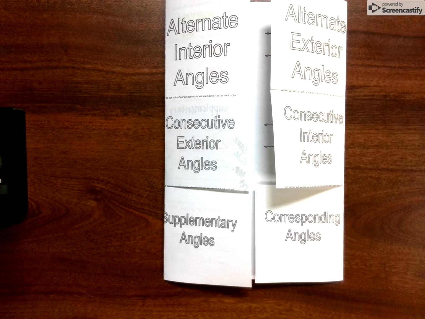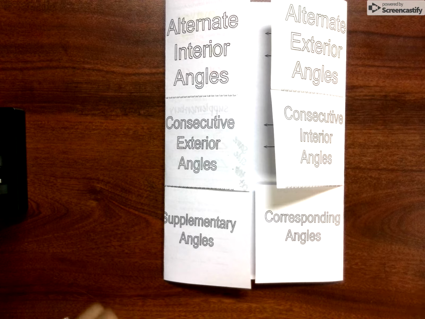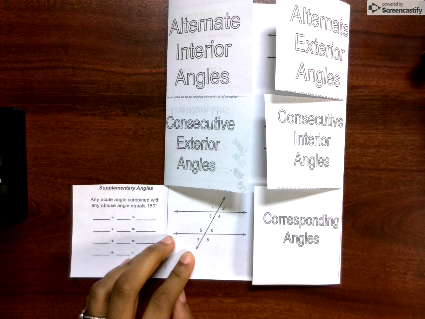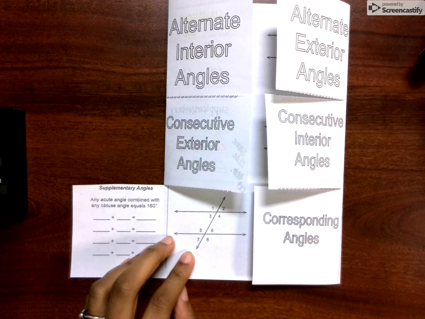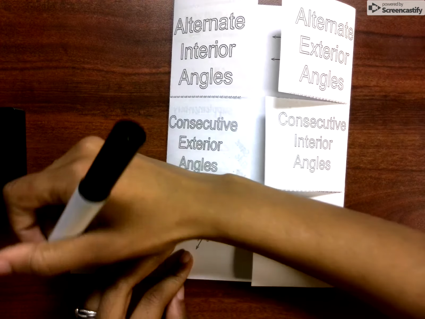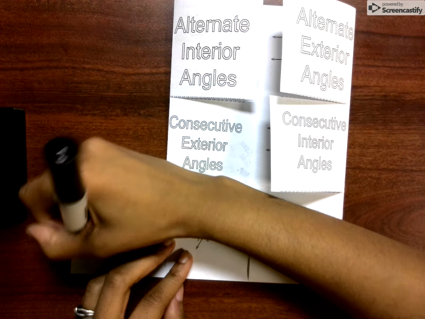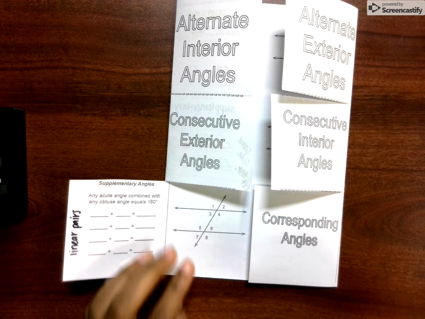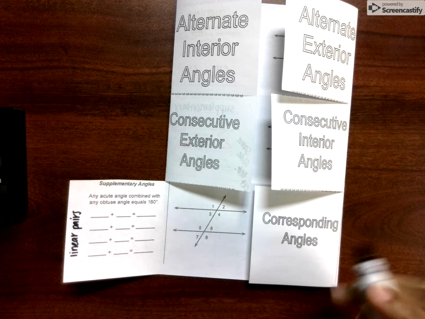Now let's take a look at supplementary angles. And to be specific, I want to share another set of pairs that are considered supplementary, and they're called linear pairs. So these next couple of examples, these are not the only examples, but I'm going to give you a few.